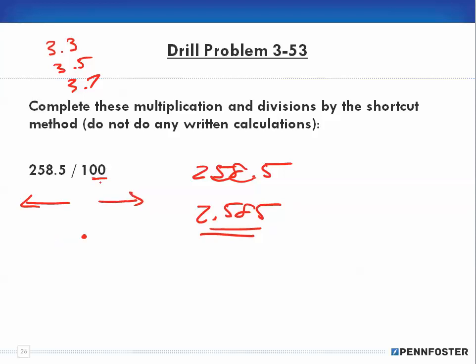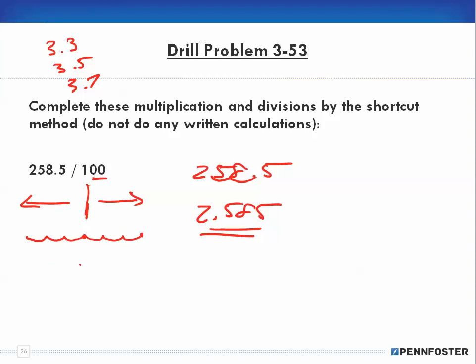So if I'm dividing by 100, my number is going to get smaller. If I'm multiplying by 100, I'm going to move my decimal place to the right because it makes my whole number a lot larger.